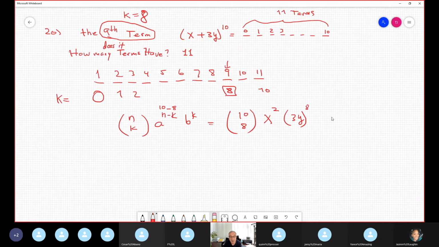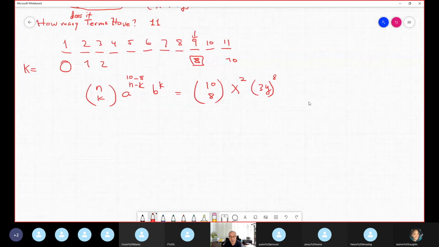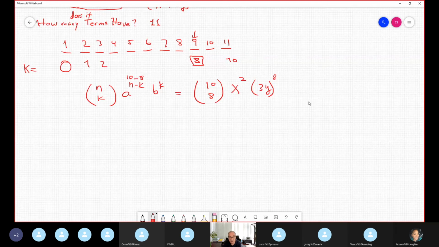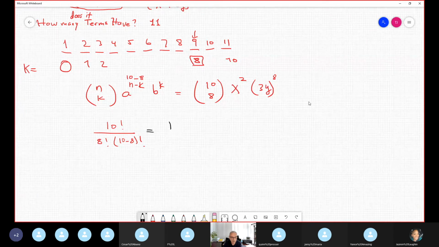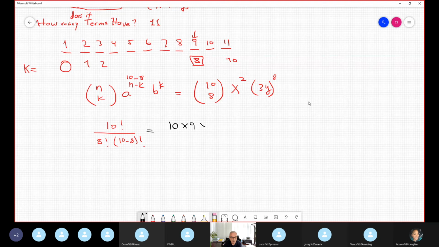Well, the majority of calculators can compute the combinatory number in the statistics part, combination, because actually this is the number of combinations. But okay, suppose by hand, 10 factorial over 8 factorial, 10 minus 8 factorial, something like that. In the calculator, we can do that. 10 times 9 times 8 factorial.